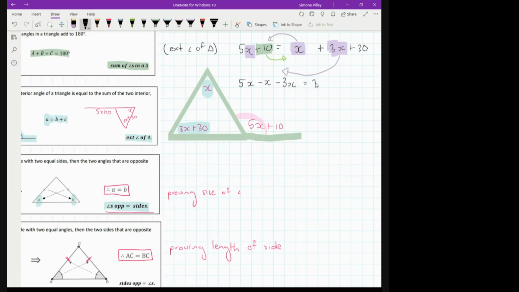On this side, 30 stayed where it is, but I moved 10 over, and 10 will also change its sign. 5x minus x gives me 4x. 4x minus 3x gives me x. x is equal to 30 minus 10, which is 20 degrees. Make sense, everybody? There we go. So 100% you could solve that question.